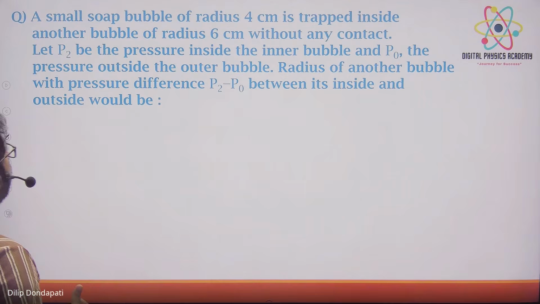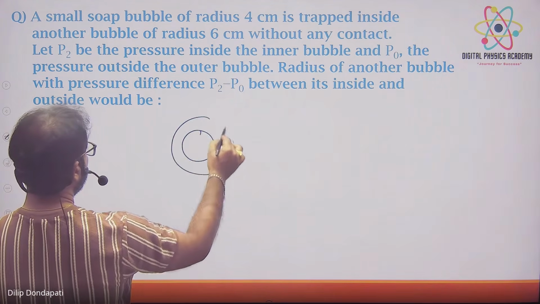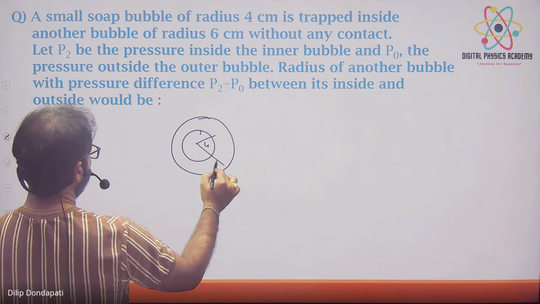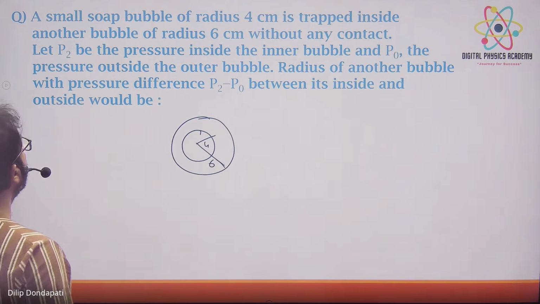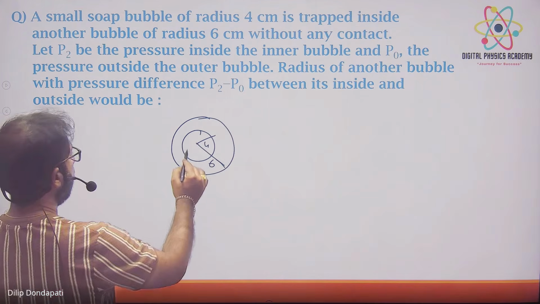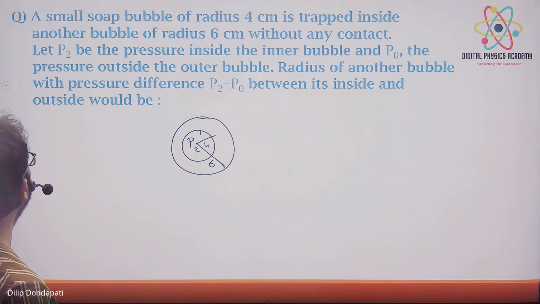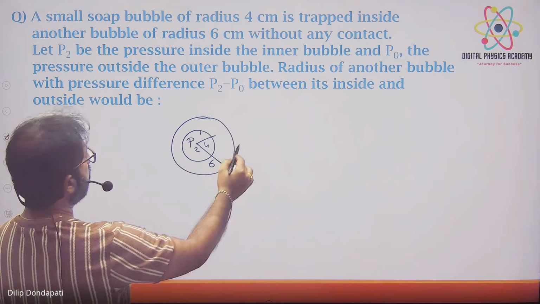Same model. A small soap bubble of radius 4 centimeters is trapped inside another bubble of radius 6 centimeters without any contact. Let P2 be the pressure inside the inner bubble and P0 the pressure outside the outer bubble.